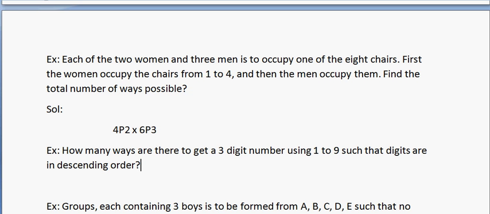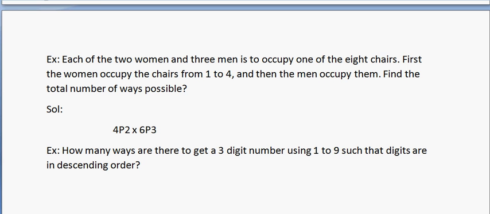So let's see how we do it. If it is simple that we have to make a 3-digit number out of 9 digits, we would have simply done it 9 into 8 into 7, because we are bothered about the arrangements, which means 1 2 3 is different from 2 3 1 or 2 1 3.